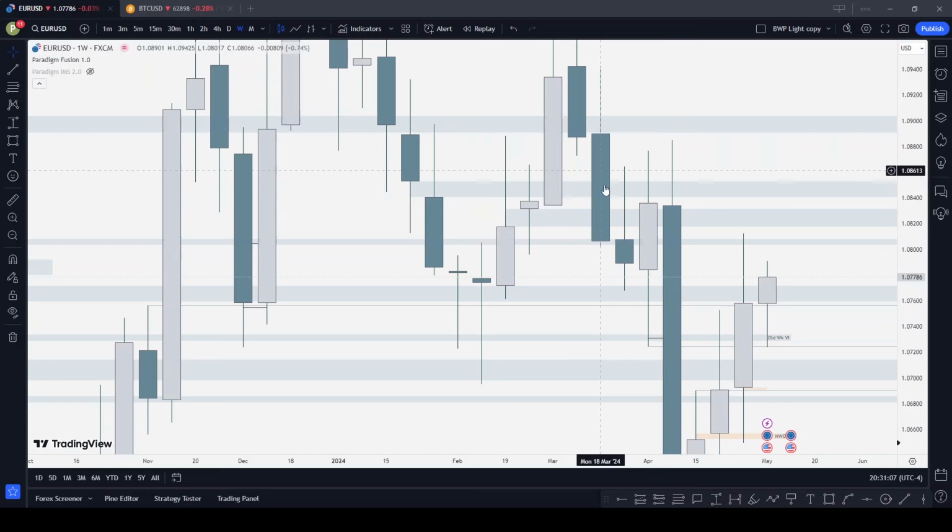We opened above it and we closed below it, so that is a switching state from bullish to bearish. So with any rally above it, you know that by the end of the week, the algorithm would not allow price to close anywhere above the new week opening gap.